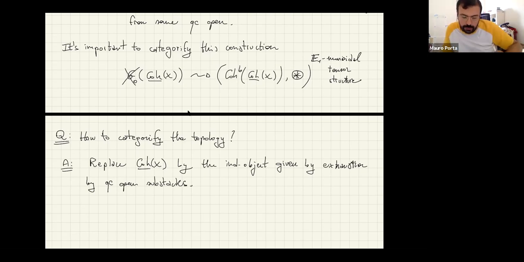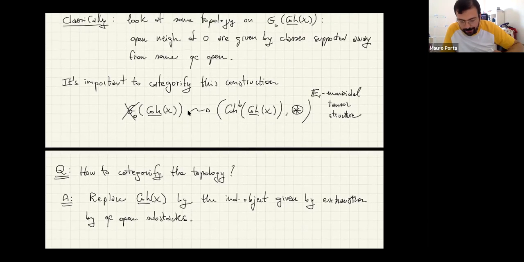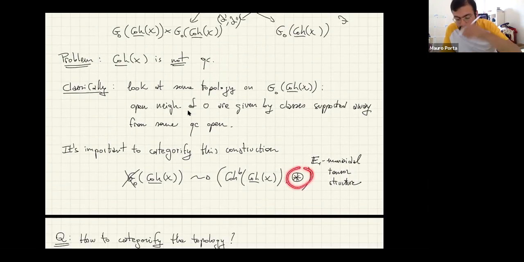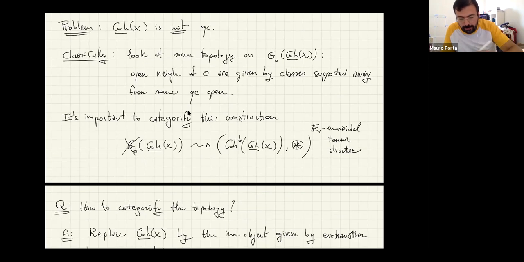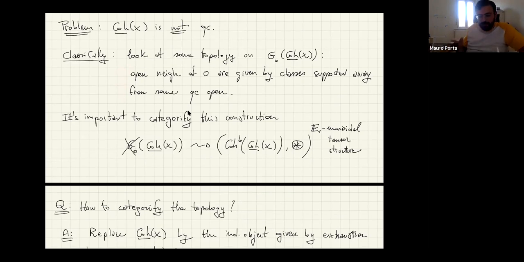For those who know a little bit, this symmetric monoidal structure comes from what is called a 2-Segal structure, and this topology that people consider is not really defined as I'm defining it now. It was defined in terms of a very explicit exhaustion made by very explicit open substacks that are quasi-compact, in terms of the Harder-Narasimhan filtration.